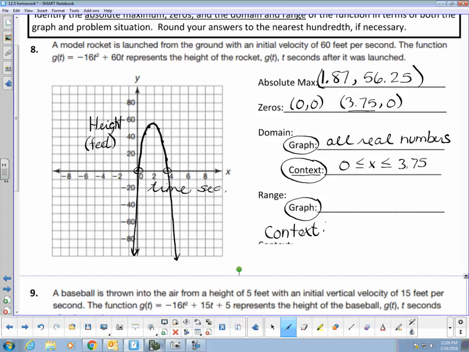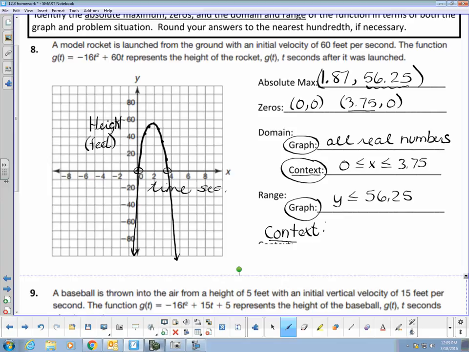Now in terms of the range for the entire graph, all the values of this parabola for the range are all the y values less than or equal to my maximum height, which was 56.25. I remember that value from right up here. So in terms of the entire parabola, all my y values will be less than or equal to 56.25.